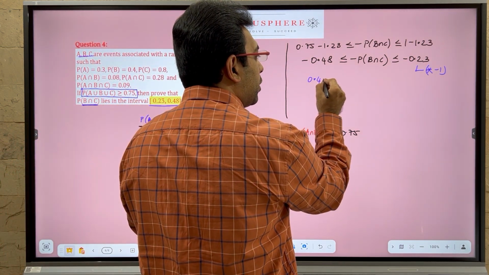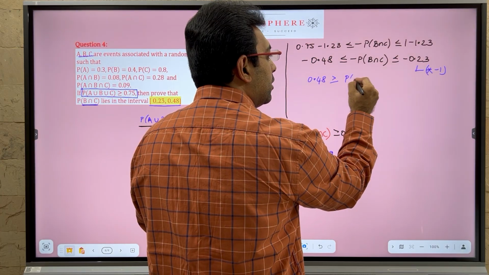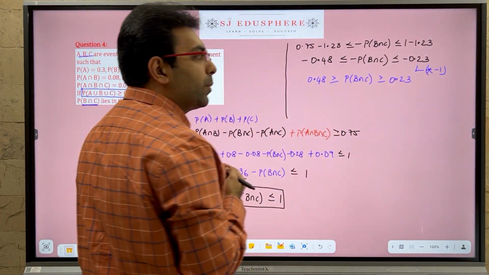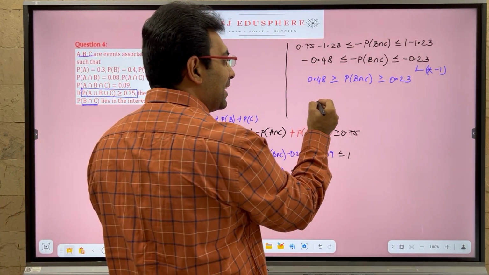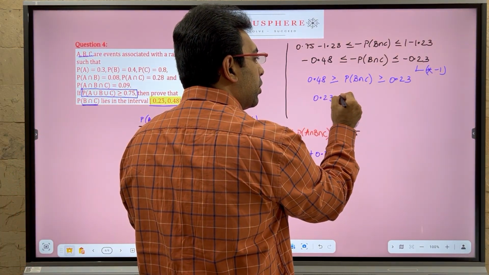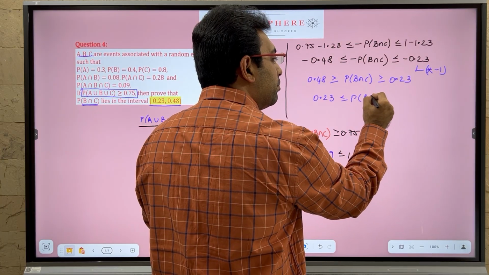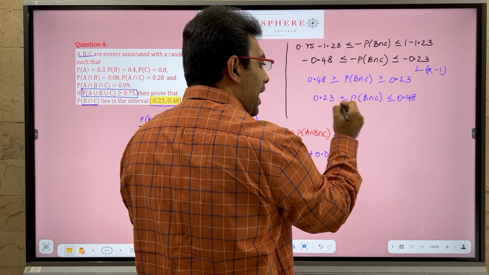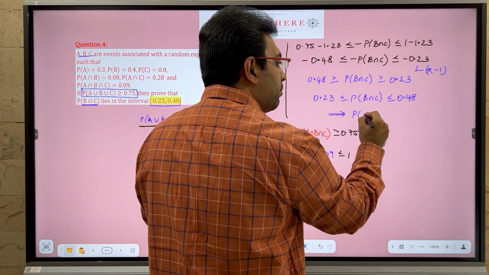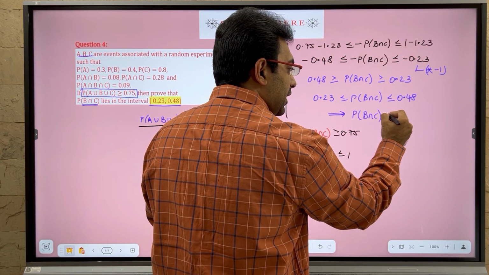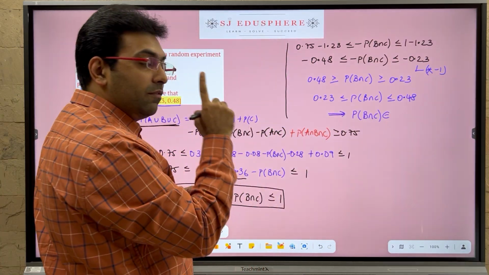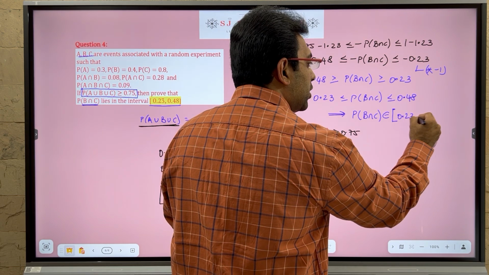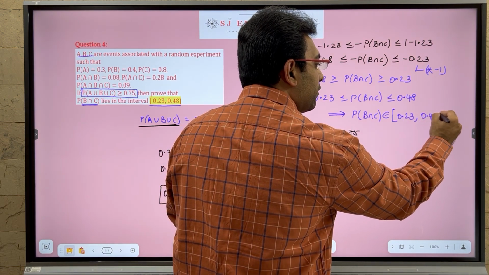So 0.48 reverse sign B intersection C reverse sign 0.23, which if I write in an ascending order is 0.23 less than or equal to B intersection C is less than or equal to 0.48, and therefore I say probability B intersection C lies between the interval which is inclusive, and therefore a box bracket 0.23 comma 0.48.